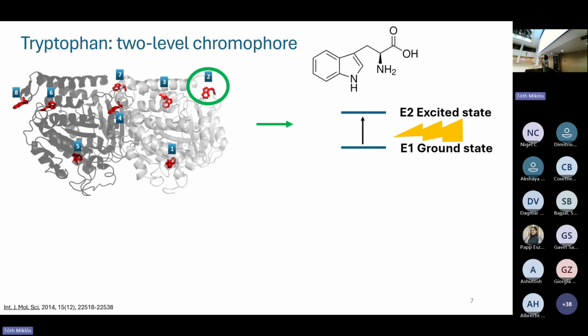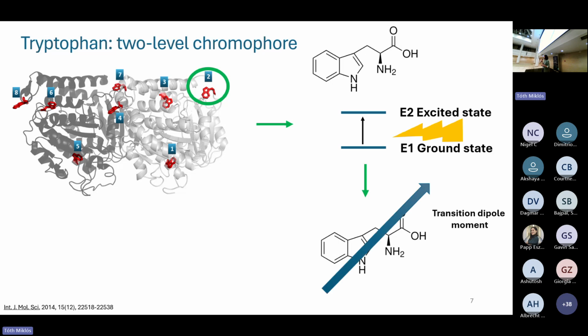And how strongly it interacts with the light is what will define our tryptophan. It's what we call the transition dipole moment. It gives the direction of this interaction with the electromagnetic field, but also the strength.